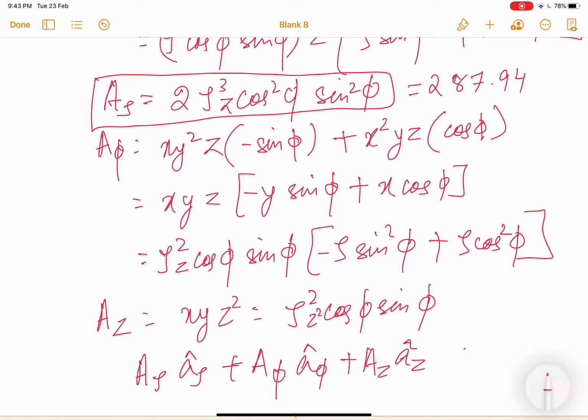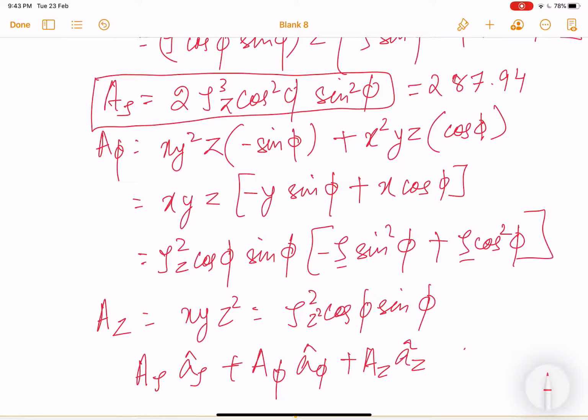Then this is rho, I can say it's rho cube. All right, what is rho? 5 raised to the power, over here also I can take it out, so it will be rho cube.